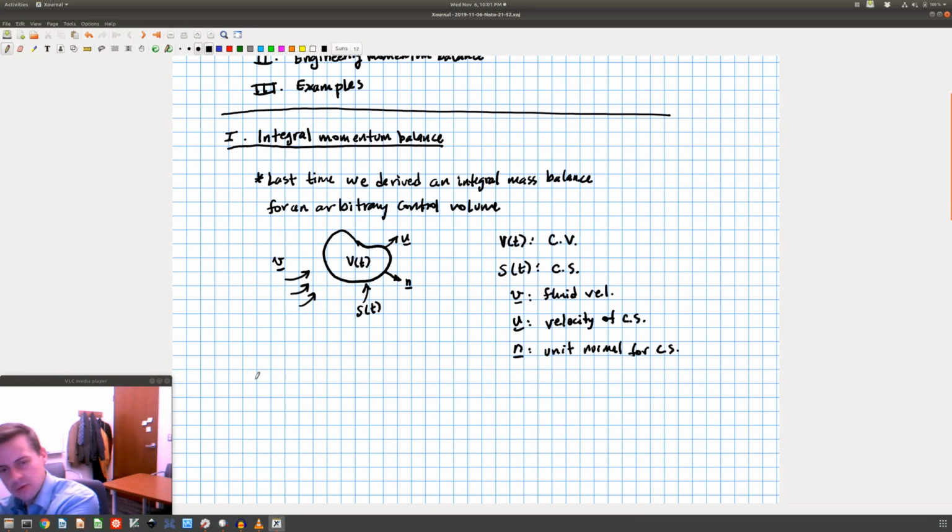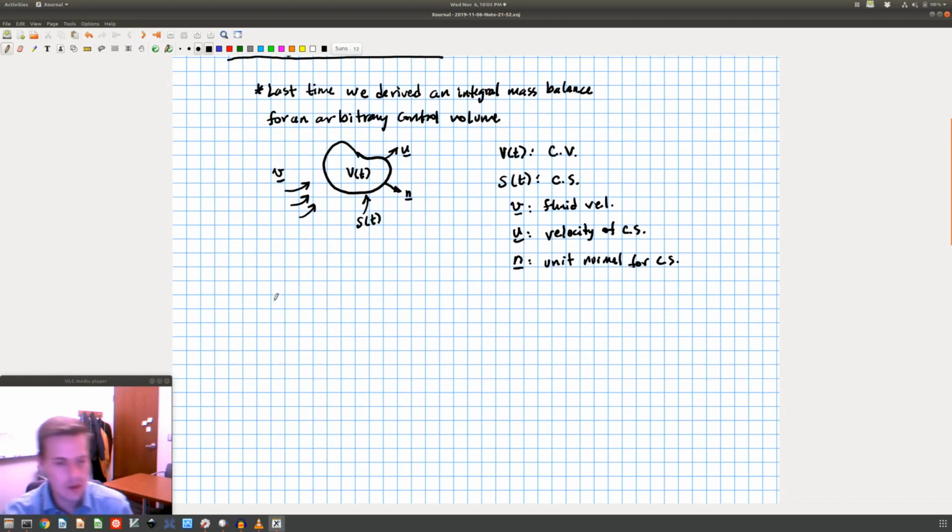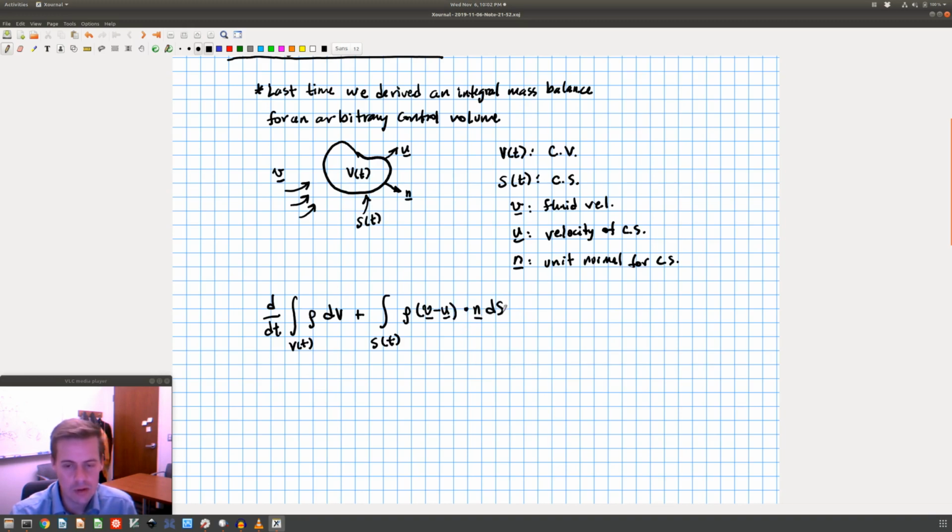Let me scroll it up a little more. The integral mass balance was the time derivative of a volume integral of rho dV plus a surface integral of rho times the fluid velocity minus the surface velocity dotted with the unit normal dS equals 0.